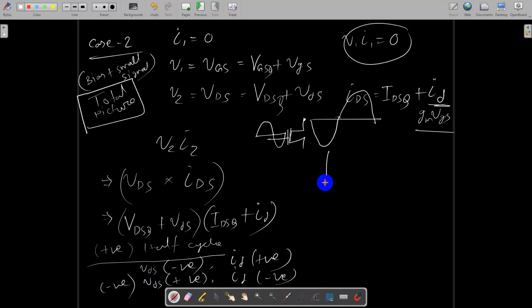So what I want to tell is, if this is V1 and this is your bias at the gate, VGSQ, and this is your small signal, the small vgs.